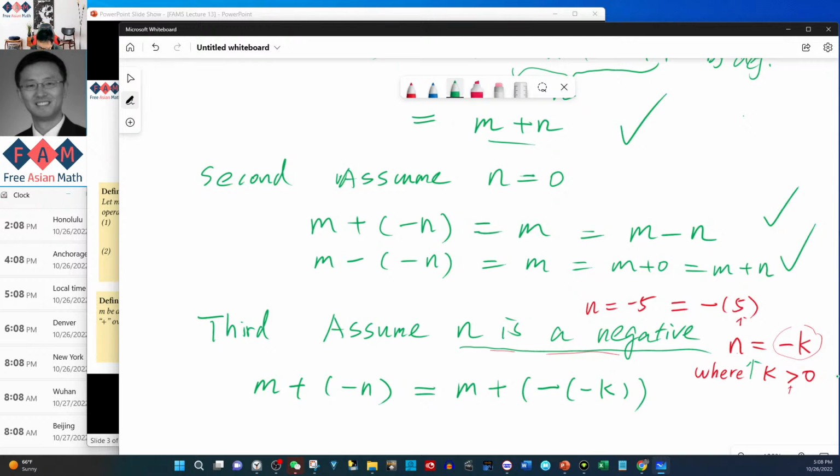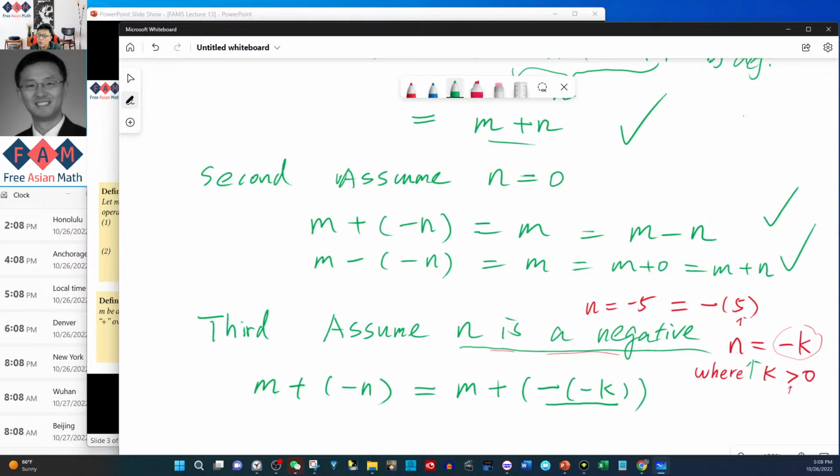But look, what is this? We already say that negation of negation goes back to, it's just reflecting. It's just that mirror operator on the integer, on the number line, remember? You do it once, you flip to the other side of 0 on the number line. You do it twice, it goes back to yourself.